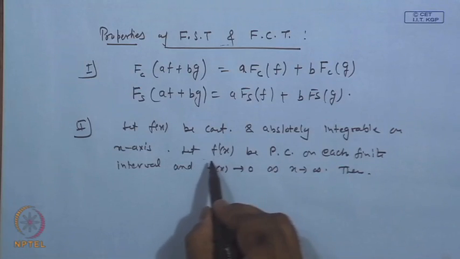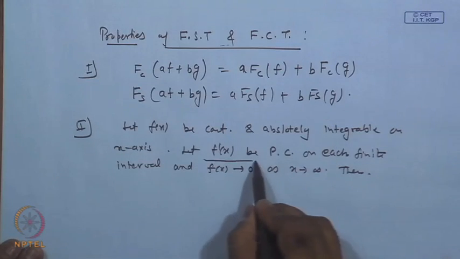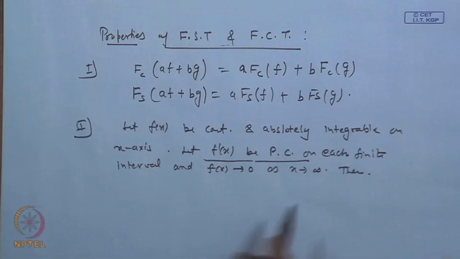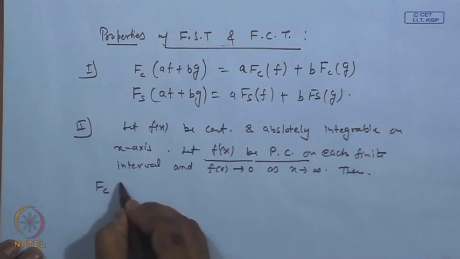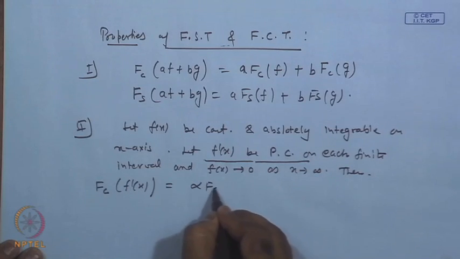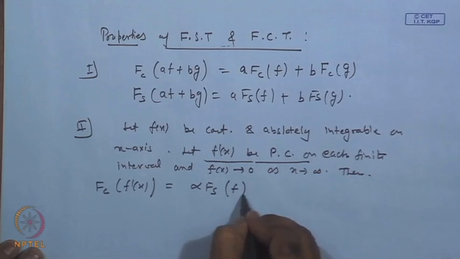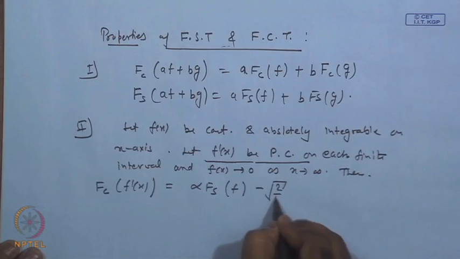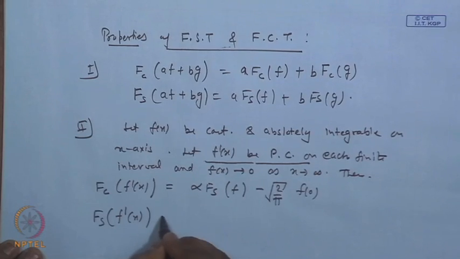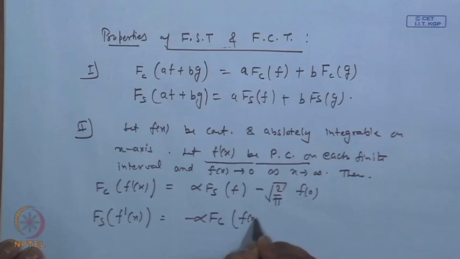This is a similar condition to before, that left and right derivatives exist, but slightly stronger. Then the Fourier cosine transform of the derivative is alpha times the Fourier sine transform of f minus square root 2 over pi times f(0), and for the sine transform, F_s of f'(x) is minus alpha times the Fourier cosine transform of f.